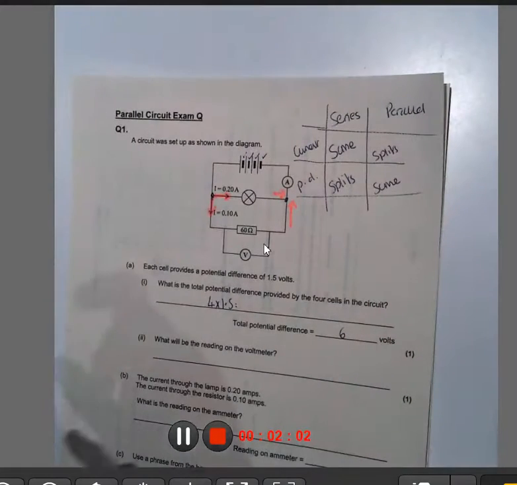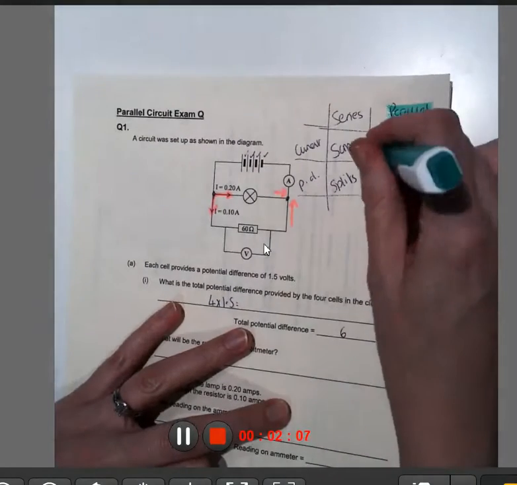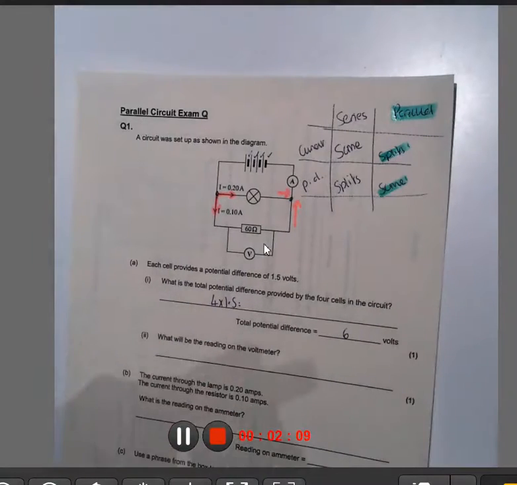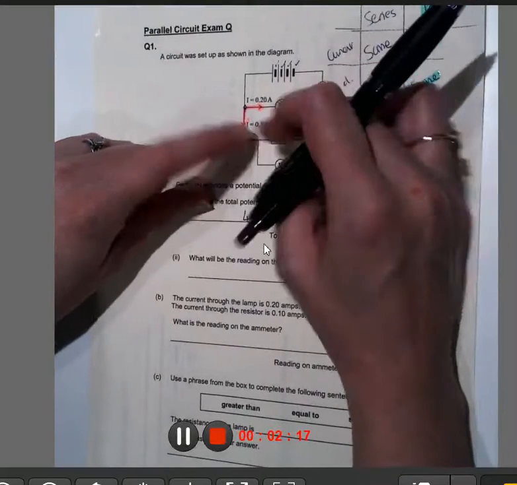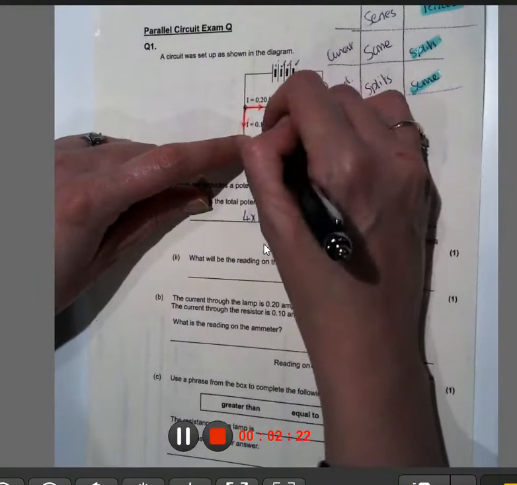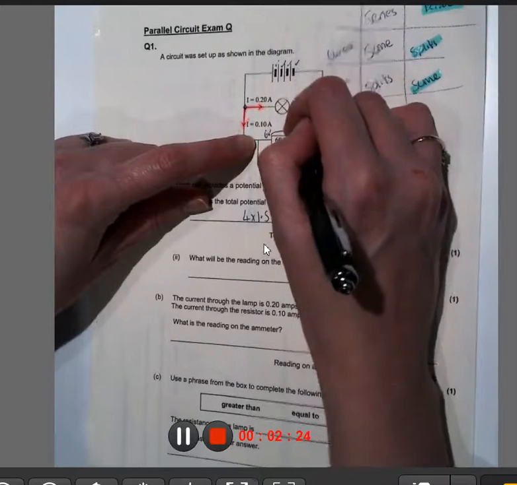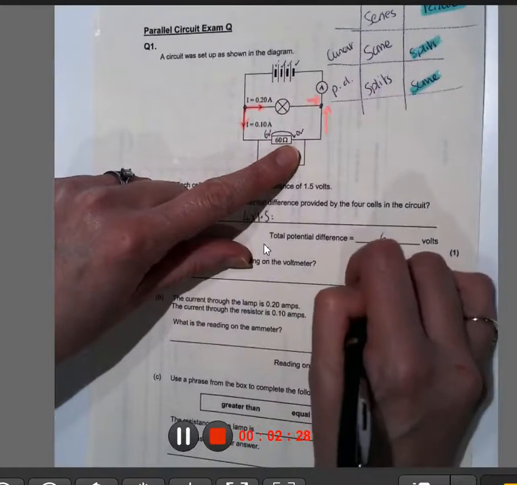We're looking at a parallel circuit here. So our potential difference stays the same as the power supply. Well, if this is 6 volts, then that's 6 volts, because all the electrons that come down here have got 6 volts, and they only have one resistor to give that energy to. So it's 6 volts.